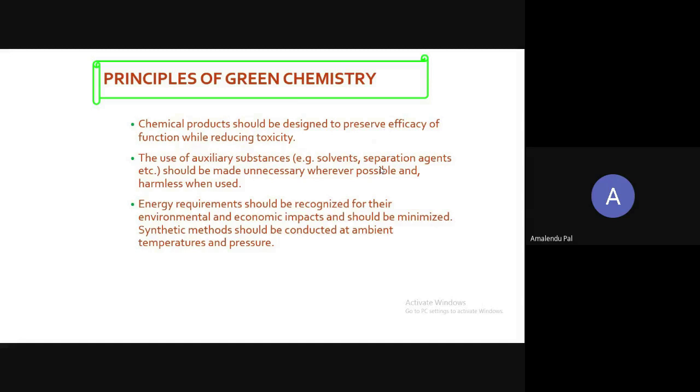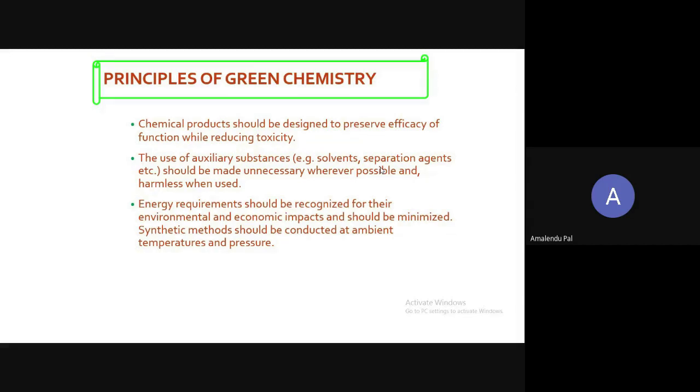Another thing, in the organic chemistry lab, is the use of auxiliary substances such as solvents, pet ether, methanol, ethanol, and separation agents. These should be unnecessary and we have to avoid them whenever possible. And the solvent we use must be harmless when used.